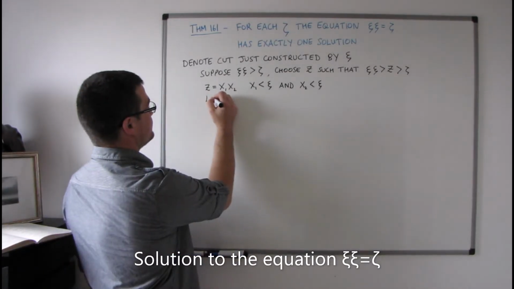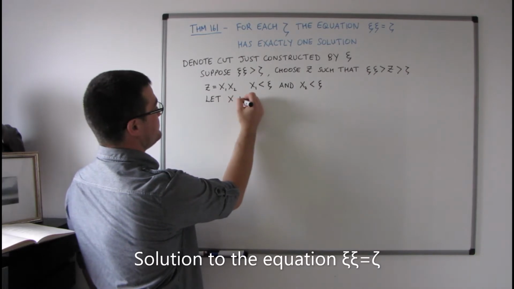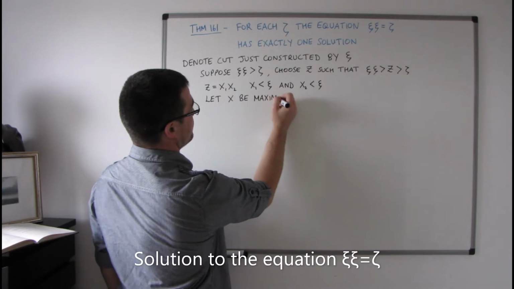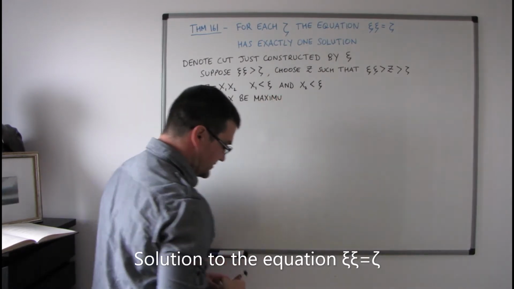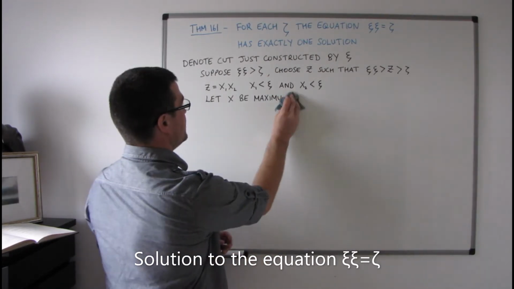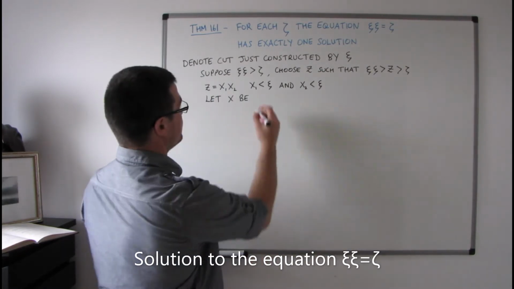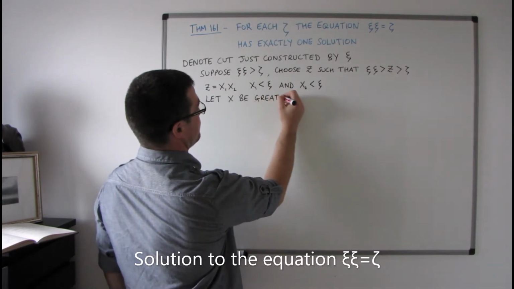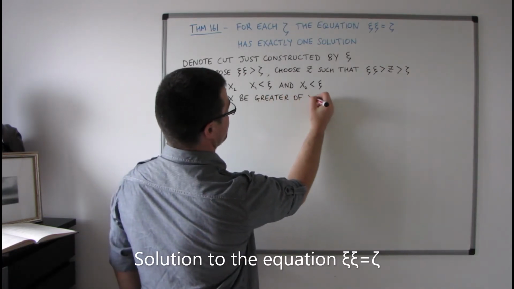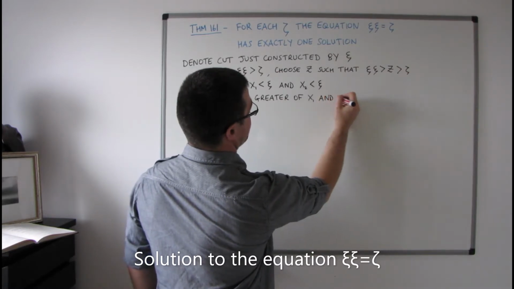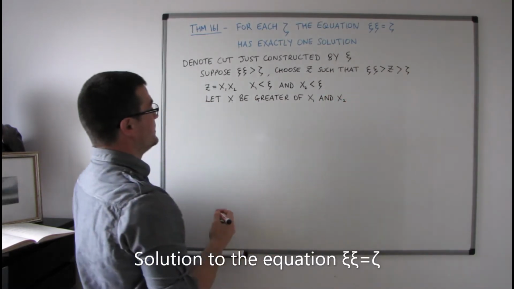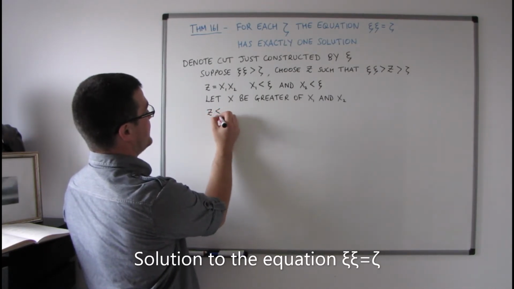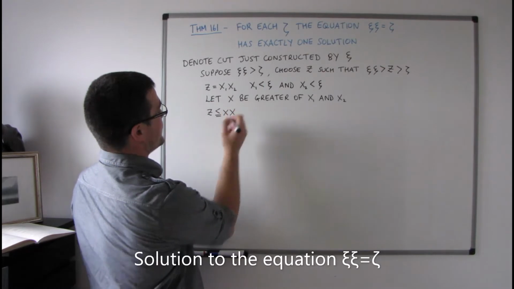So let x be the maximum, maybe not maximum, I'm going to say the greater of x1 and x2. So therefore z is going to be less than or equal to x times x.